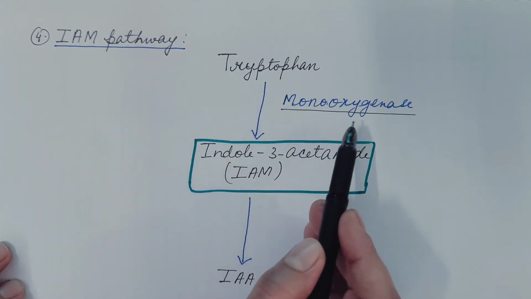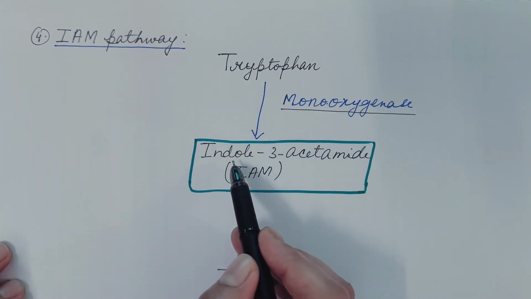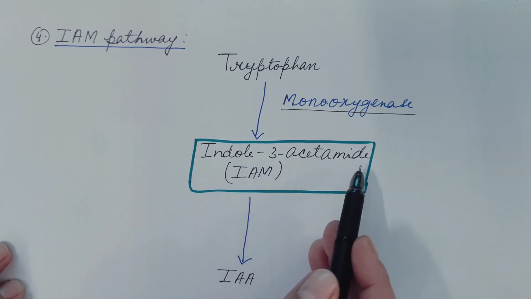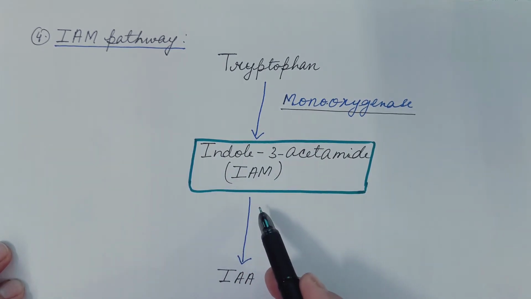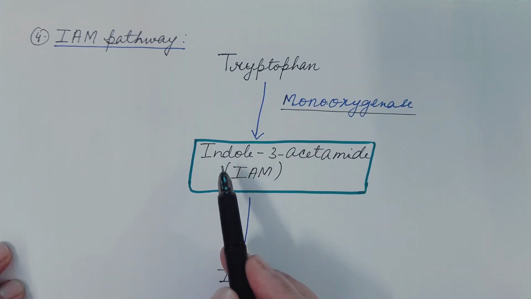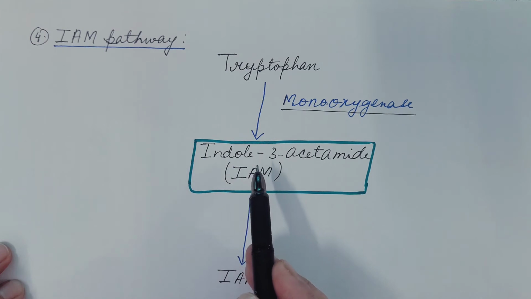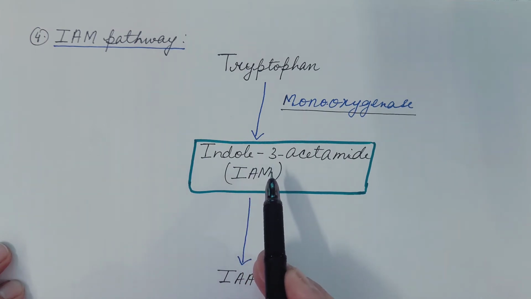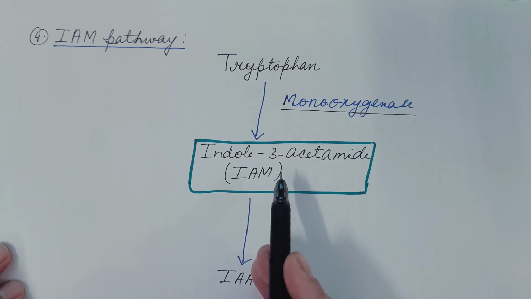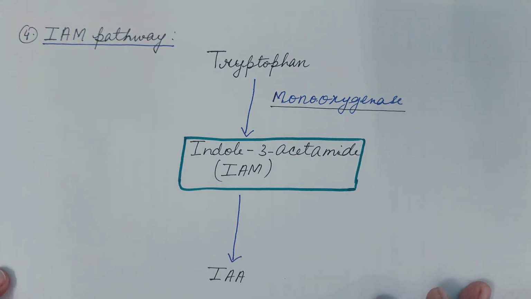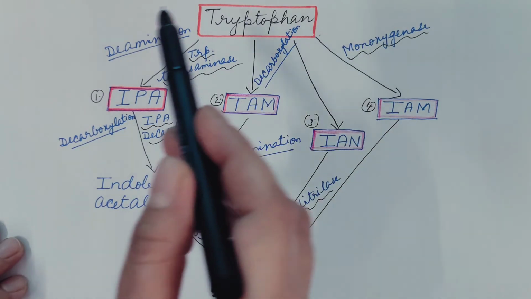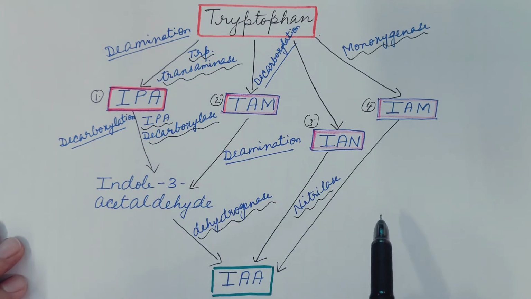Tryptophan in the presence of the enzyme monooxygenase is converted into indole 3-acetamide, IAM. This is then converted into indole 3-acetic acid. So here the first intermediate is IAM and hence it is known as the IAM pathway. This type of pathway is used in bacteria, for example Agrobacterium.